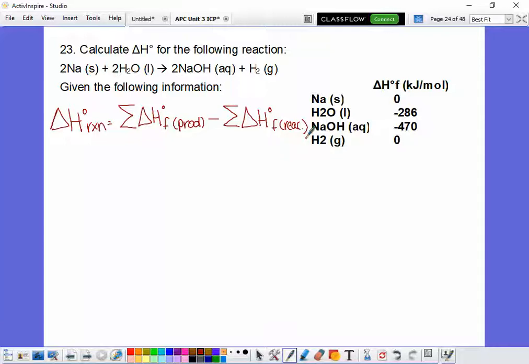All substances, all compounds, elements, molecules, all pure substances have an enthalpy of formation associated with them. When they're being formed, synthesized, some compounds release energy. Some compounds, when they form, absorb energy.